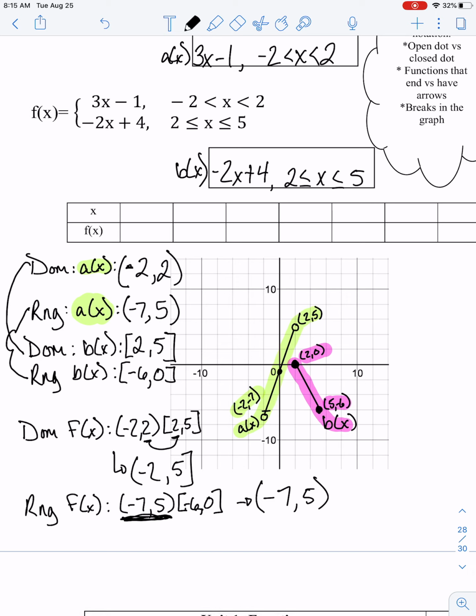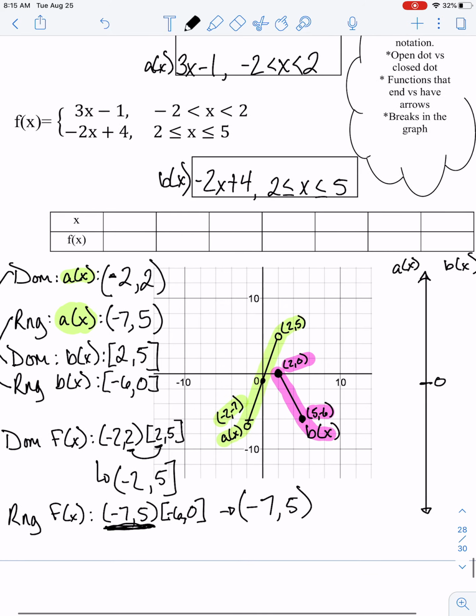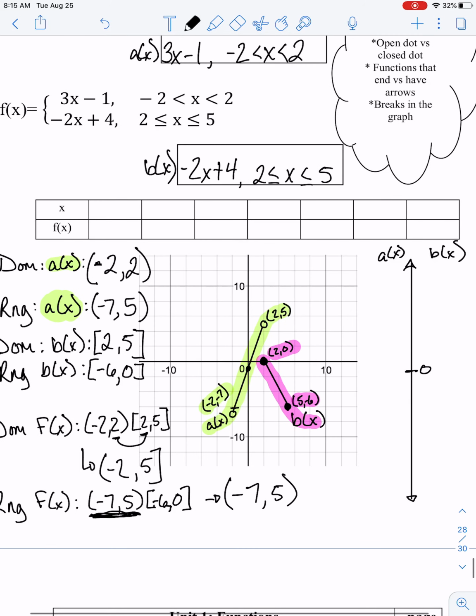is my range. Now another way to think about this, guys, is to actually draw a number line if that didn't really make a whole lot of sense. And again, because I'm talking about y's, I like to draw vertical number lines. And I'm going to put a of x on the left, b of x on the right. Okay, so -7.